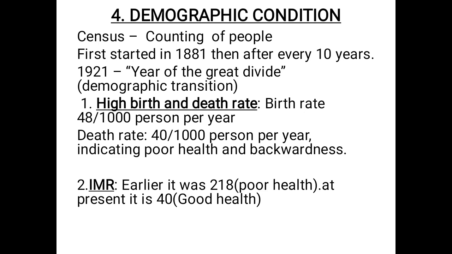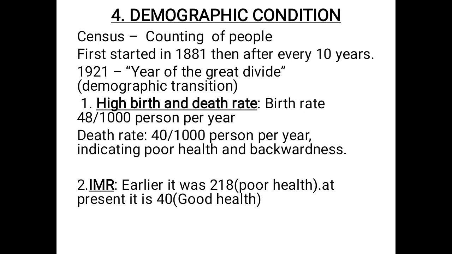Here are some points we will discuss one by one. What was the demographic condition of our nation during the British period? We can understand it better through these points.